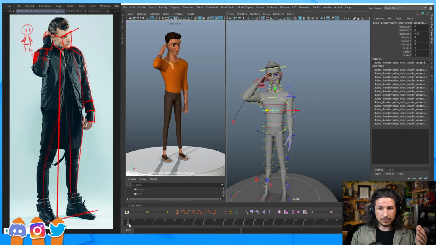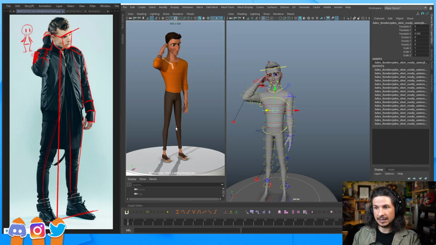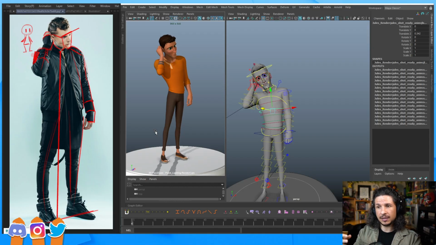So from this, we created this pose here, which is much better, definitely, than this one. There's a line of action. It just feels a little bit more interesting. It's still a little stiff. This was the first pass, just trying to make sure that we incorporate a little bit of everything from the reference. From there, we exaggerated it.